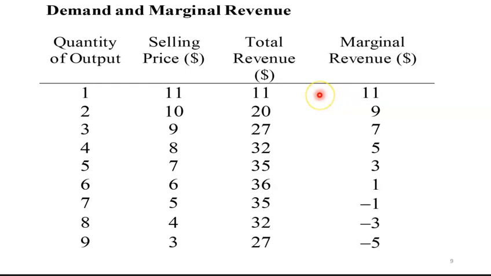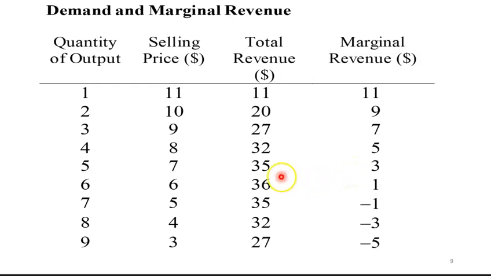And as we've seen, to sell an extra unit of your product, you need to lower the price a little bit. So we can just see that as we lower the price, revenues are going up, but by smaller and smaller amounts. That's just the value that's shown here.